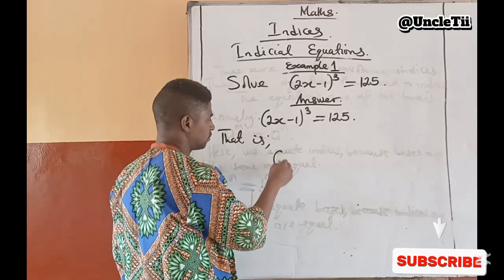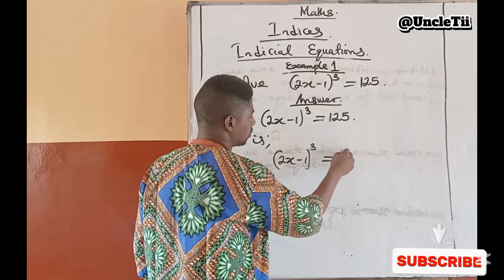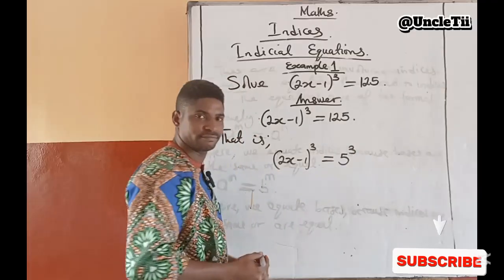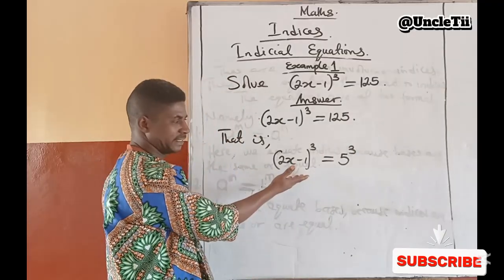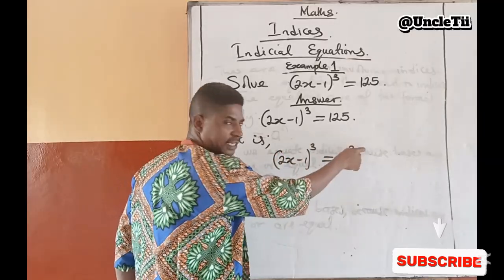That is (2x minus 1) raised to power 3 equal to 5 raised to power 3. Clearly, the powers, the indices, are the same.